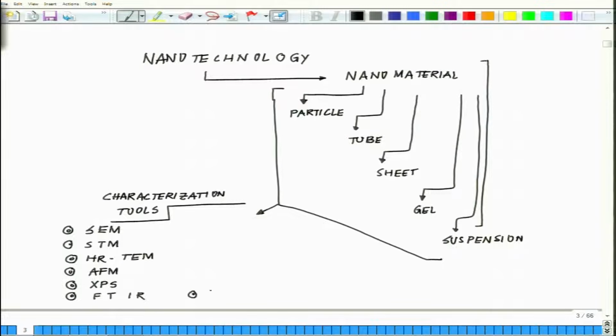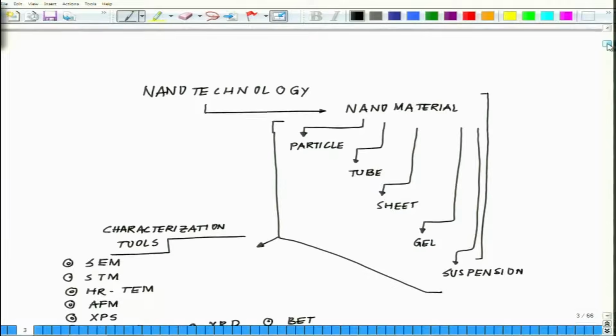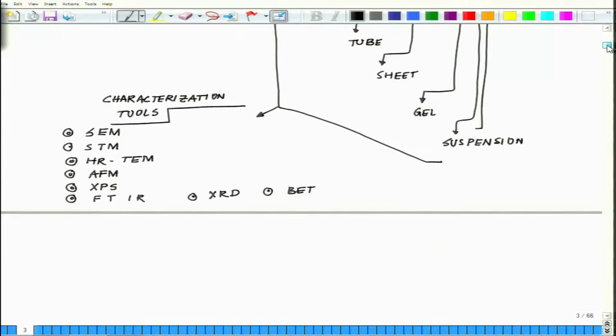Likewise, then X-ray diffraction for different kinds of surface analysis. You have BET. So several techniques are there, and many more techniques which I haven't listed here, which are needed to characterize these particles.